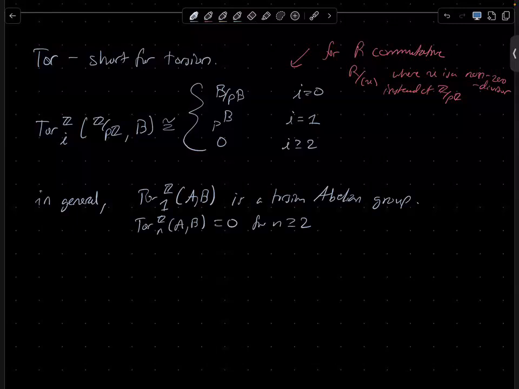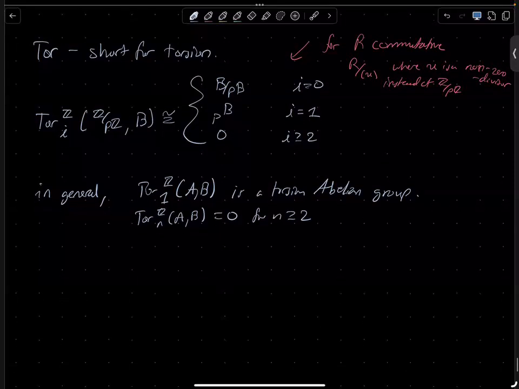This is, again, due to this: you just pick a nice projective resolution of A with 2 terms, same as before. And so before I said it for Ext, you can calculate Ext for when A is finitely generated.